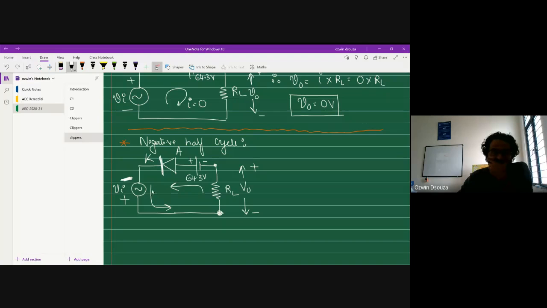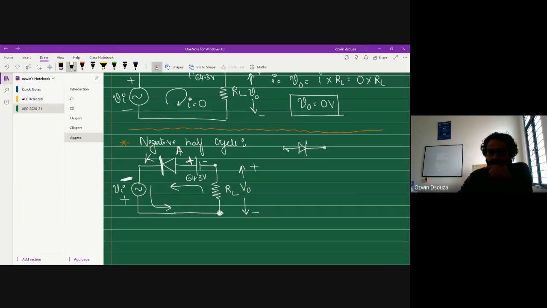And the positive terminal is connected to the anode terminal. You know that when the current tries to enter at the anode side, the diode is forward biased. On the other hand, when the current tries to enter from the cathode side, the diode is reverse biased.